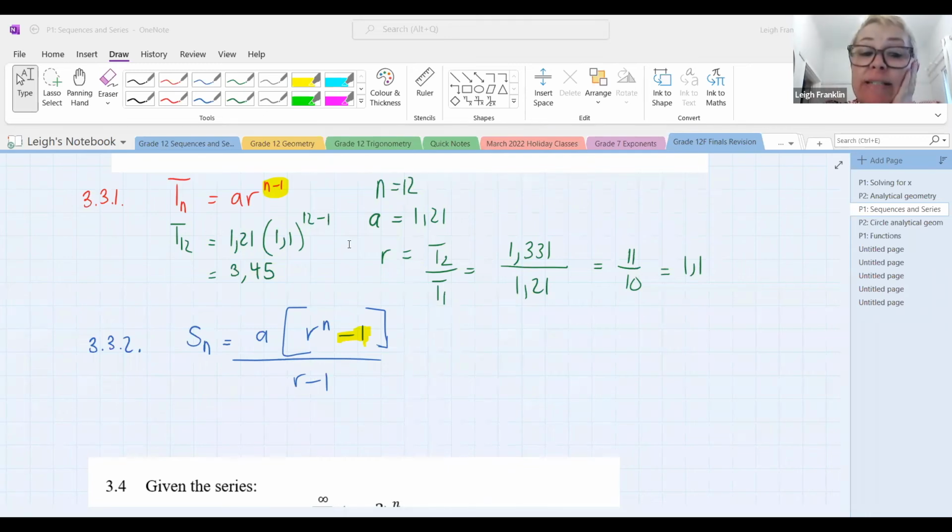What you will find is that it's only this one that's actually on the formula sheet. So the 1 minus R to the n over 1 minus R is actually not on the formula sheet. And I don't know what your teacher did at your school, but I don't even teach that to my matrics. I just use this formula because that's the one on the formula sheet. I don't even mention the other one. Okay, but if you used it and you used it correctly, you get exactly the same answer. Okay, so it doesn't matter. No problem.